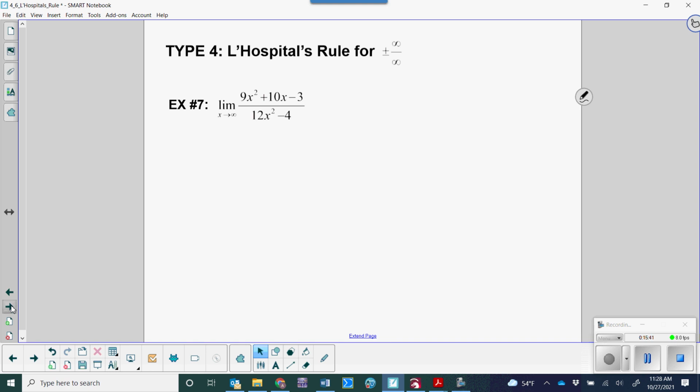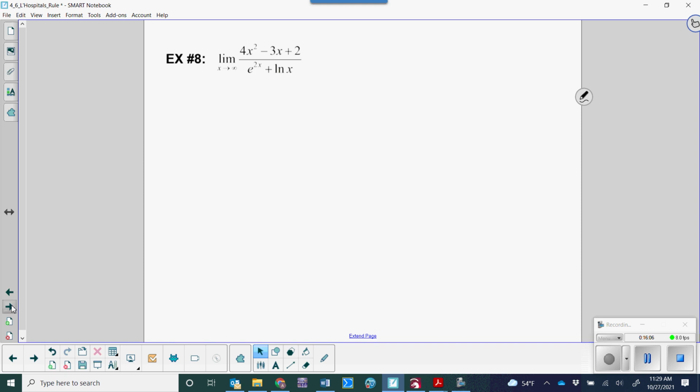For rational functions, when I'm doing a limit as x goes to infinity, all I'm going to do is look at the highest powers, and that's going to reduce to 3/4, and I'm done, because it's 9 over 12. Because the powers are the same. So don't use L'Hopital's rule if you don't have to. I'd have to do it twice, and it's not necessary. Okay? All right, example 8.